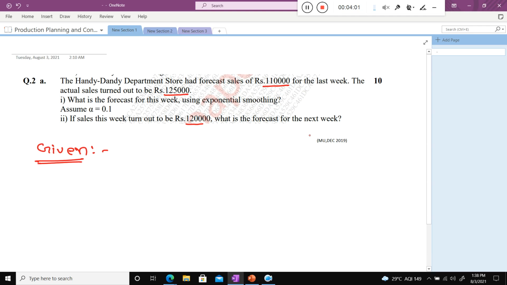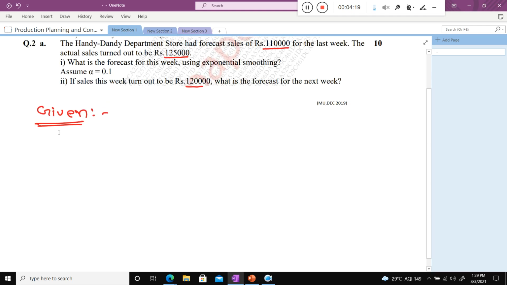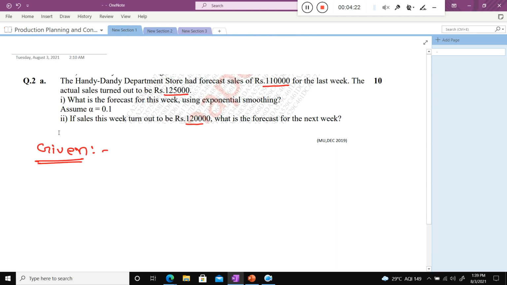Sub question 1 is asking for the forecasting of this week, and sub question 2 is asking for the forecasting of next week. So there are two sub questions. Just write down the given data. Can you tell me, class, what are the given data in this question?